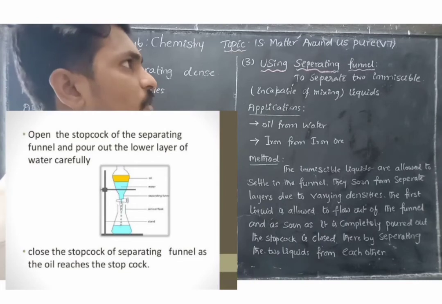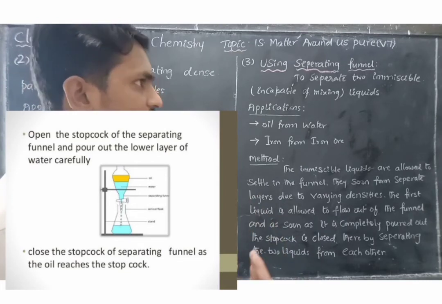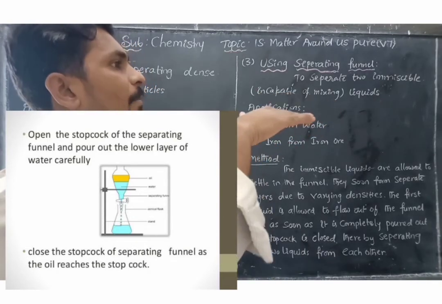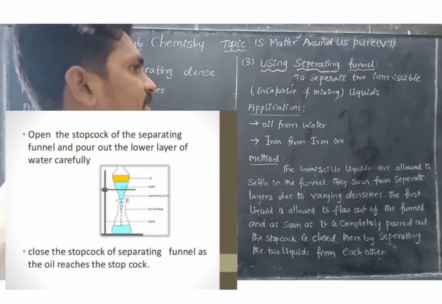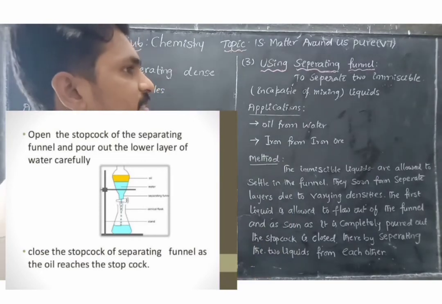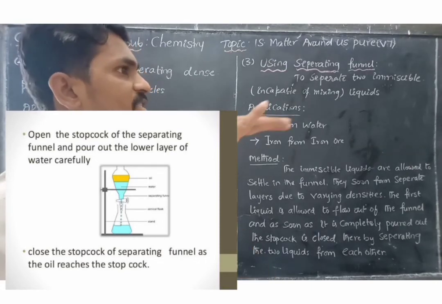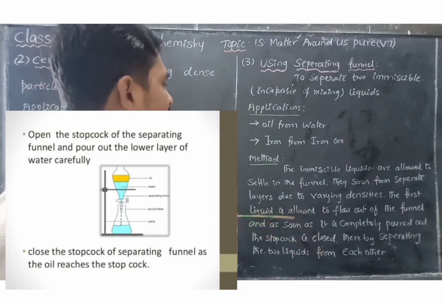Suppose we take oil and water: oil is less dense than water, so the oil will be above the water surface. If you take those two substances, the one with the lowest density reaches the topmost layer, forming different layers.